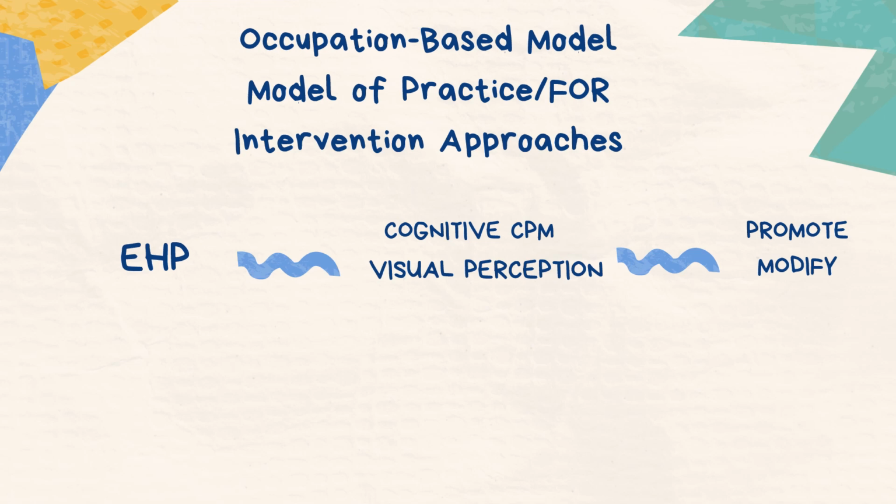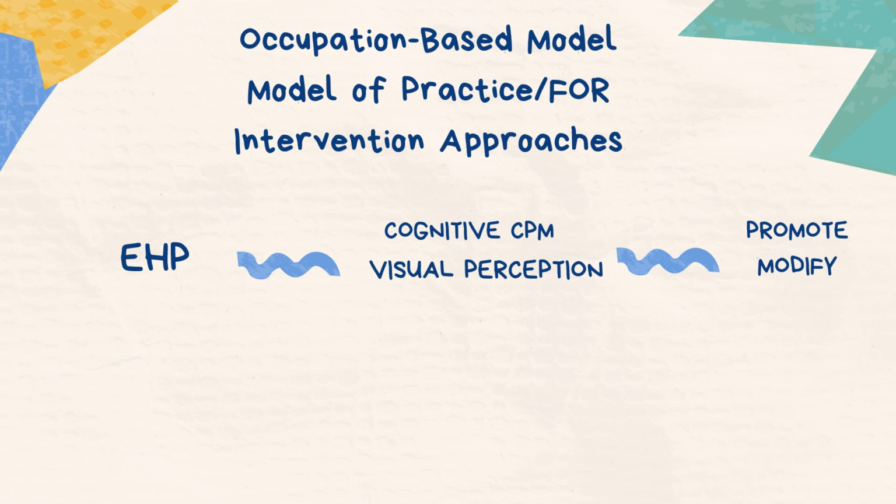The model of practice and frame of reference that I chose was the cognitive conceptual practice model. I chose this model because you, as an OT, you want to anticipate her difficulty doing a task. You want to explore specific strategies that will work for her, and evaluate the effectiveness of those strategies that you're using.